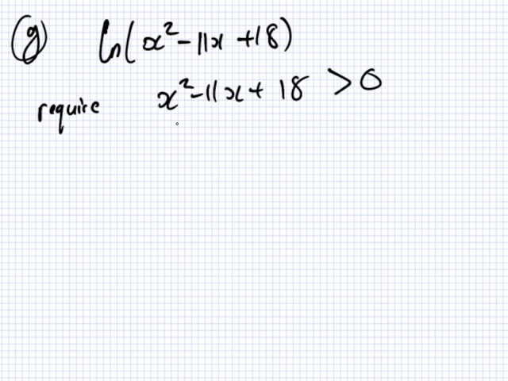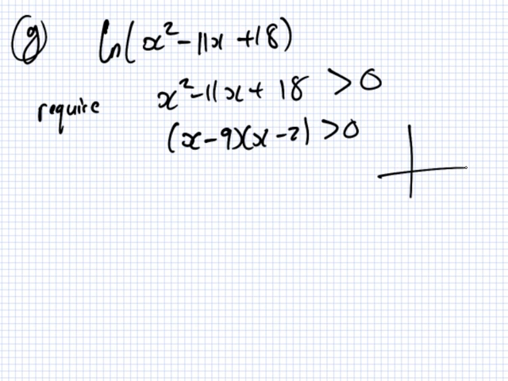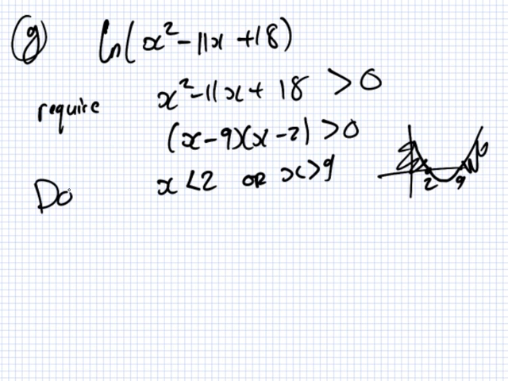Now, this quadratic has roots 9 and 2, so we need this to be true. So we need above or below? Above. So we need x to be less than 2 or greater than 9. So this is the domain.